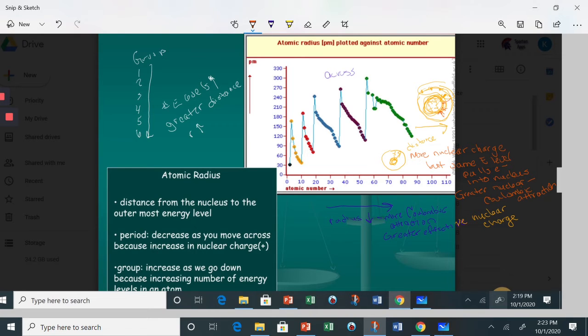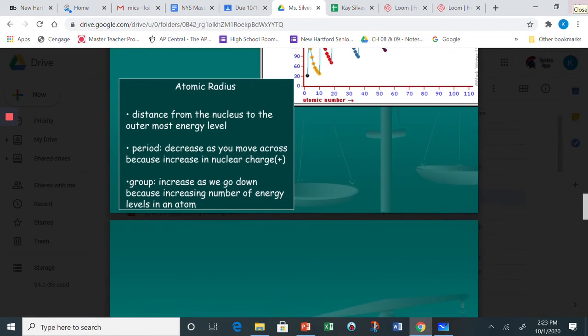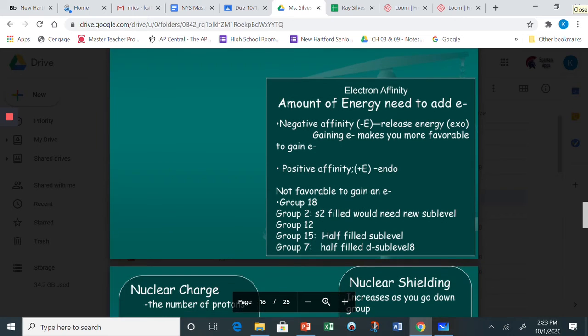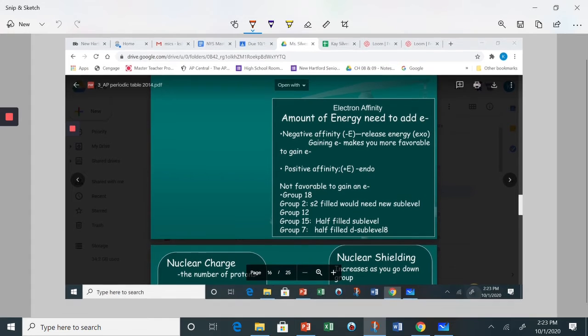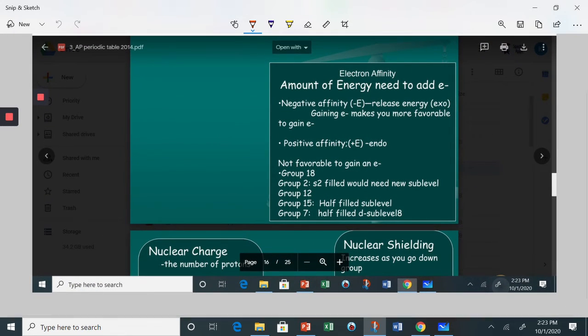Now we're going to get to electron affinity. This one's weird because electron affinity is how much energy you need to essentially shove an electron into an atom. Now, understand, this is hard for some people. If your energy is positive, it means you had to put energy in to get the electron to stay.